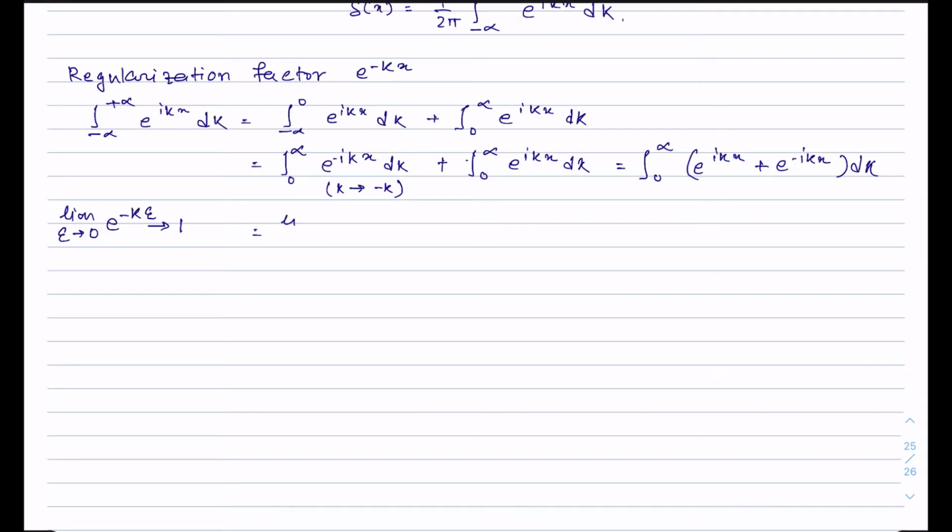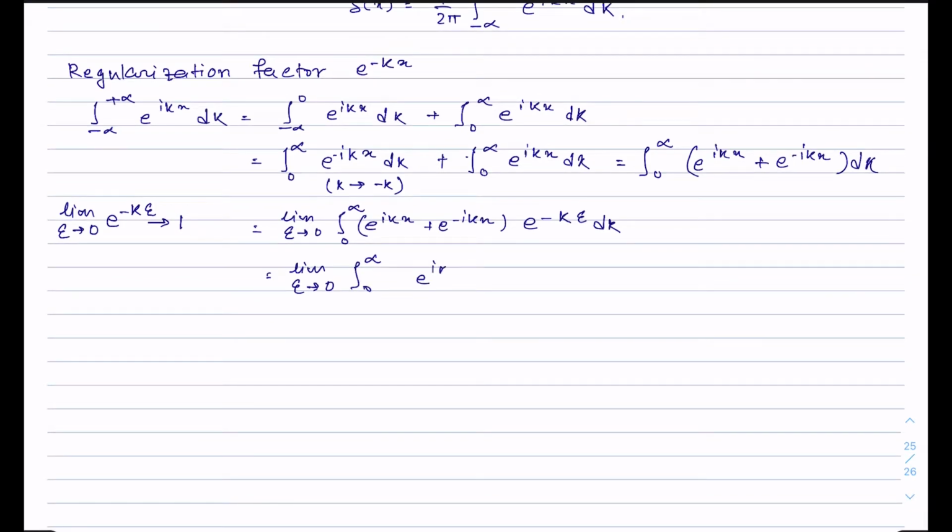So let's introduce this factor: limit epsilon tends to 0, integration from 0 to infinity of e to the power i k x plus e to the power minus i k x, and e to the power minus k epsilon dk.